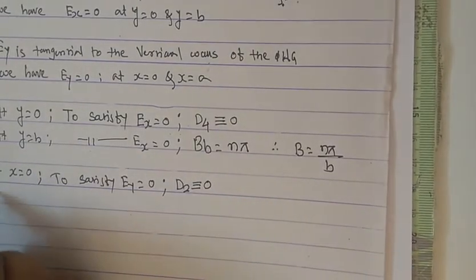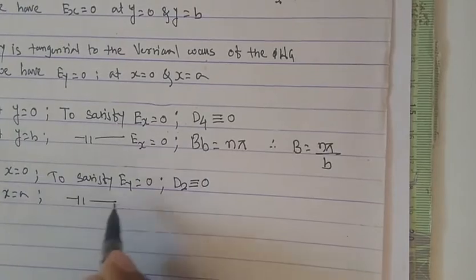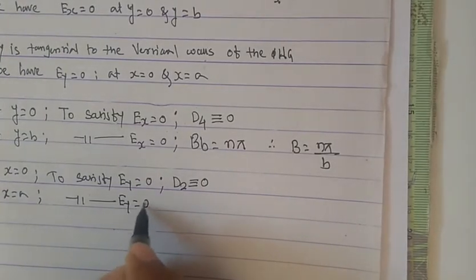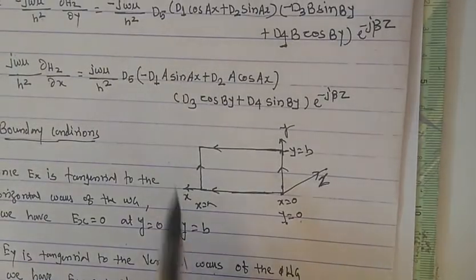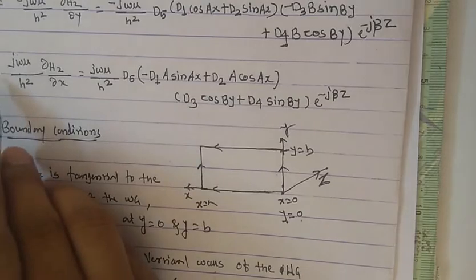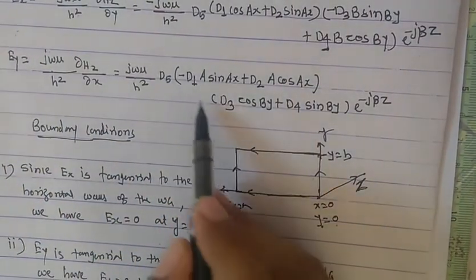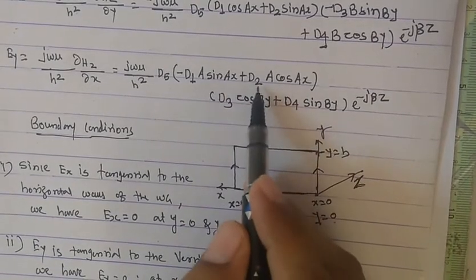And the last one, x equal to a to satisfy Ey equal to 0. Look at this. This is already gone, d2 was 0.